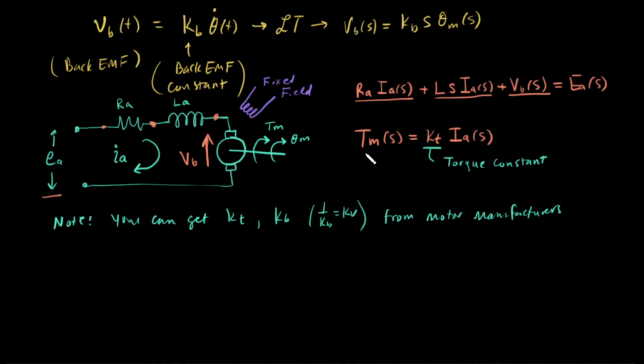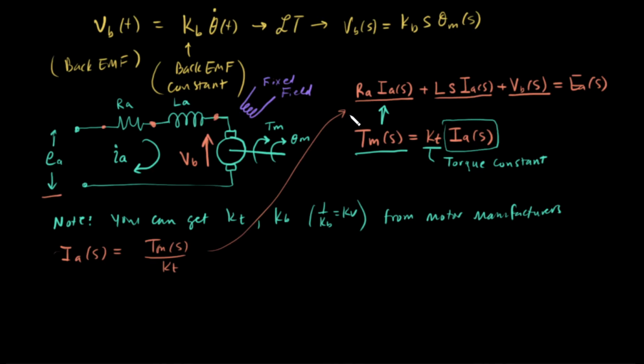Now, right now we have a way of introducing our torque into this equation because we have an expression for IA. So we can just say that IA of S is equal to Tm of S over KT, and plug it into these equations so that we can get our torque dynamics into the motor equation.